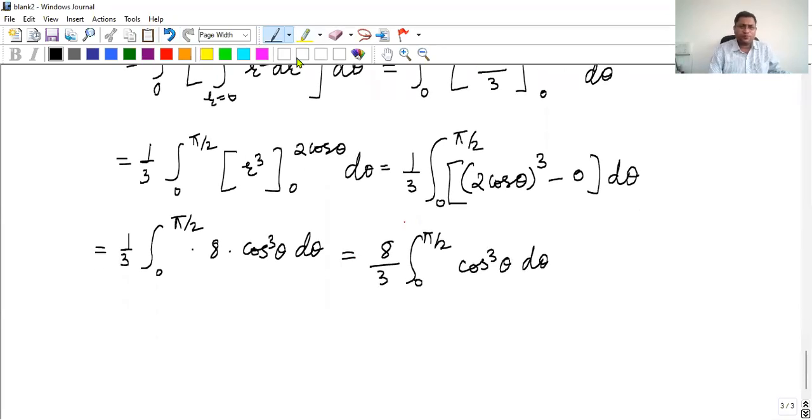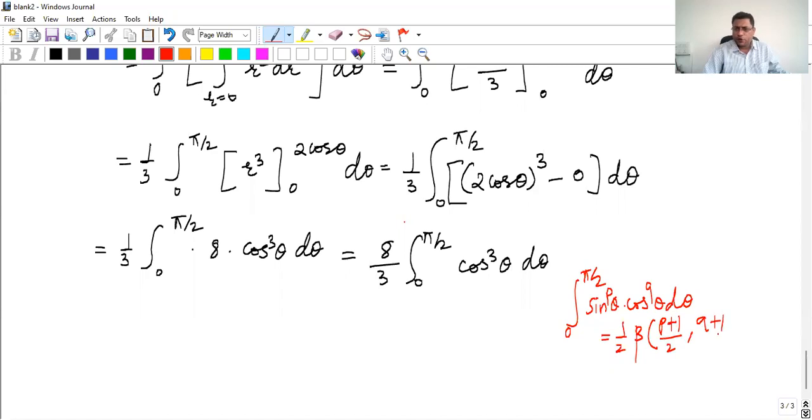So we have a formula to integrate this. What is the formula? The integration from 0 to pi by 2 of sin raised to p theta cos raised to q theta d theta is equal to 1/2 beta of (p plus 1) by 2, (q plus 1) by 2.